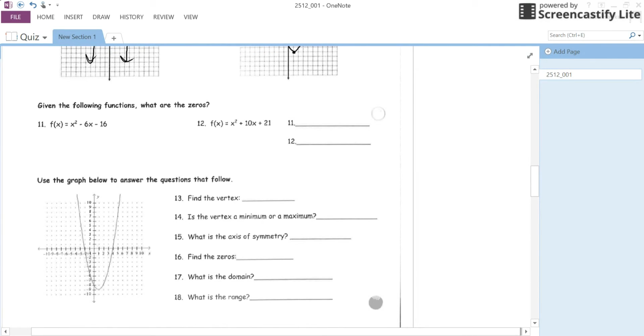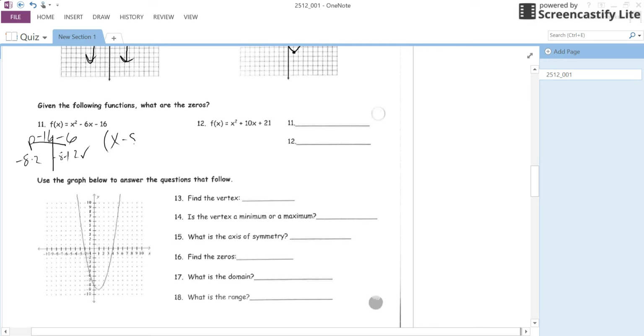Okay, for these, what are the zeros? I can use my graphing calculator, or I can do my product sum. Product is -16. My sum is -6. So I can use -8 times 2. -8 plus 2 is -6, so that works.